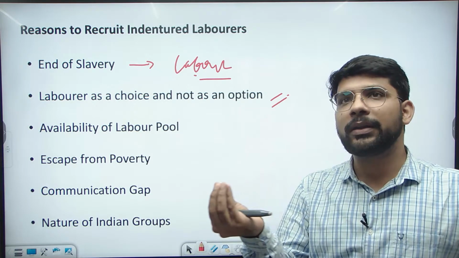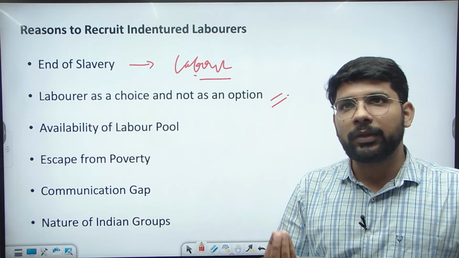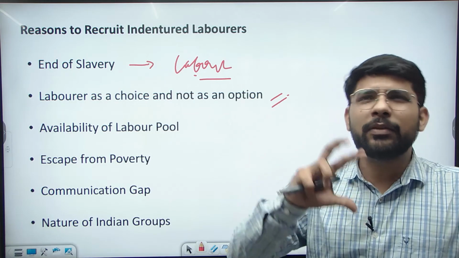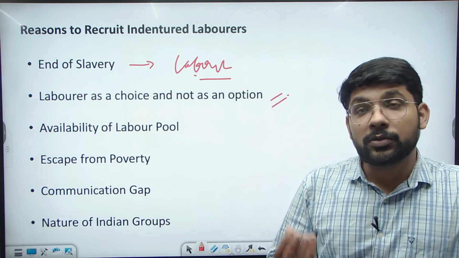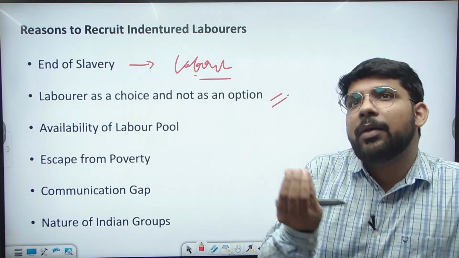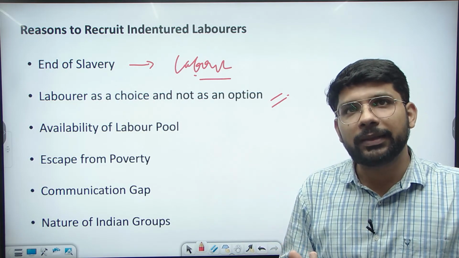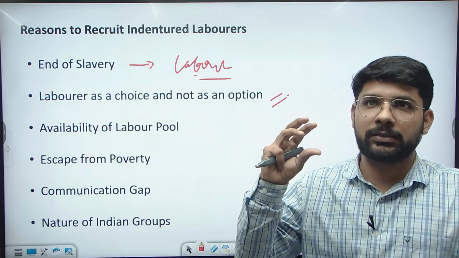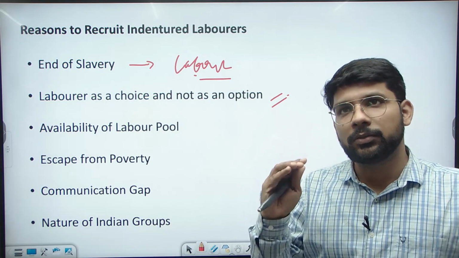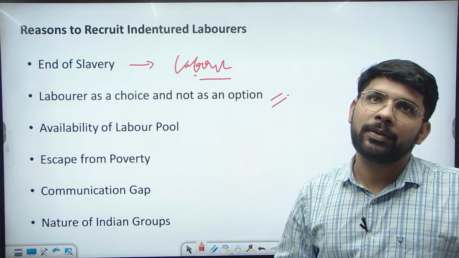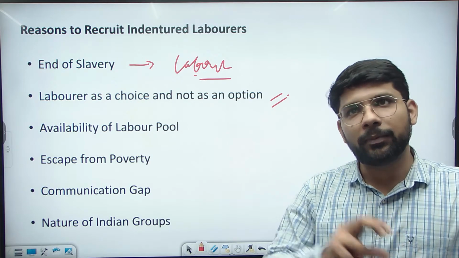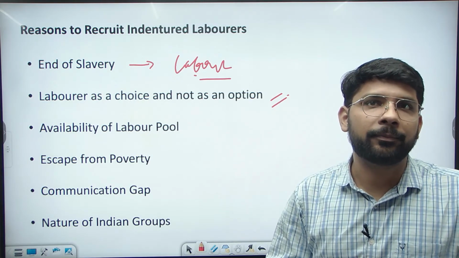Most of them were involved with cattle. They were milking the cattle, they were involved with them only. So they were not thinking about labor work, they were doing their own work. So there was a requirement of labor there, labor as a choice, not as an option. So they were working as laborers there, and the British were sending laborers to the African countries.